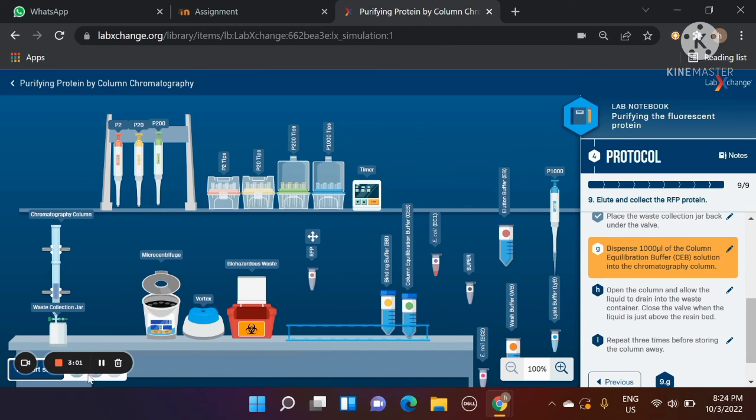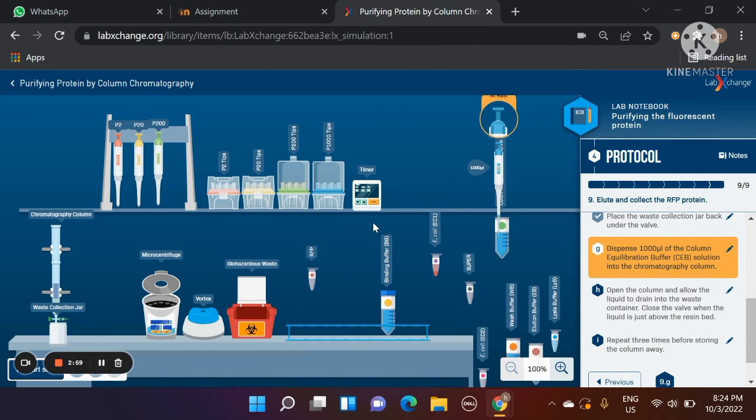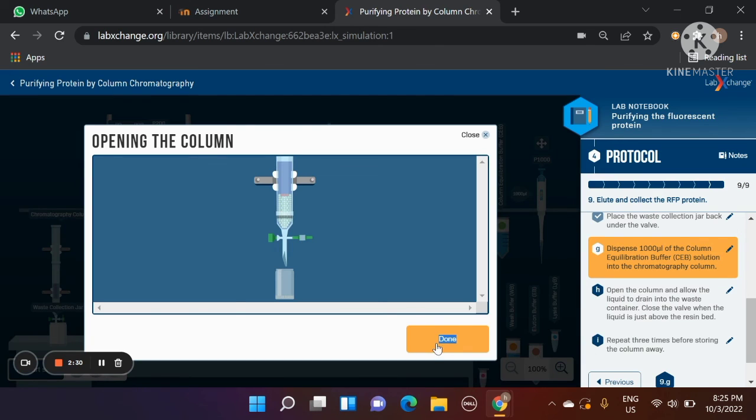Then we have to dispense 1000 microliters of column ECB solution into the chromatography column. Okay, then we already got that amount. Then we have to dispense this into the chromatography column. Okay. Then we have to dispense this.